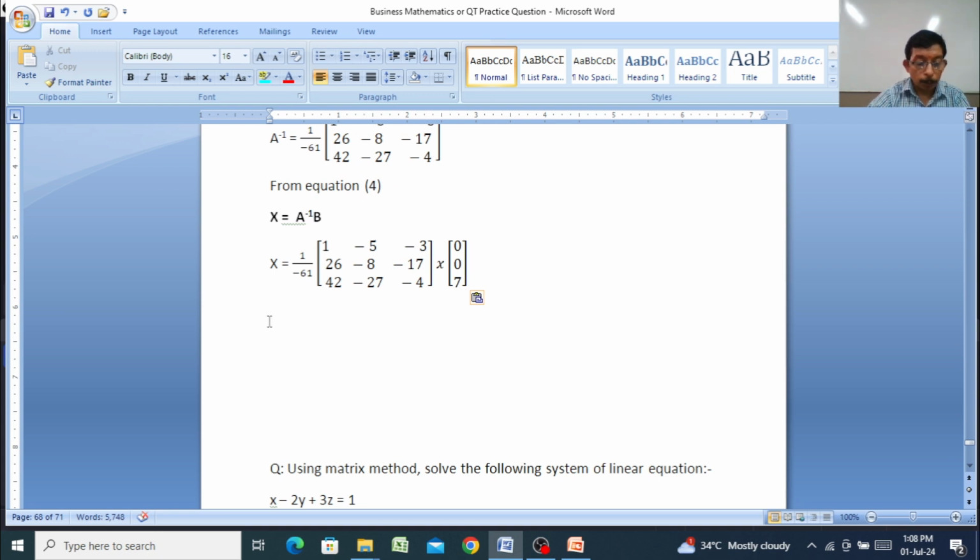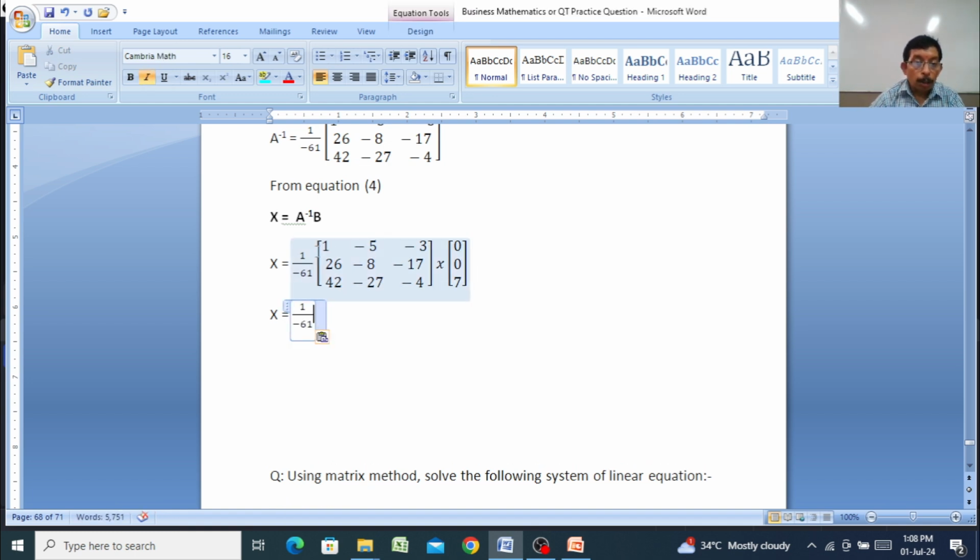X is equal to 1 upon minus 61. Now the multiplication of the matrix by row and column.